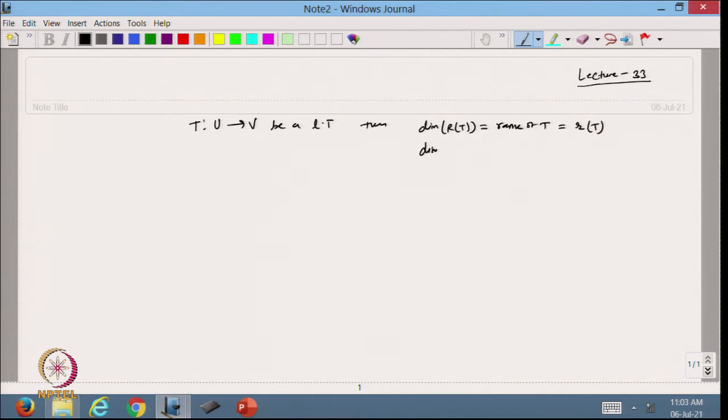And the dimension of the null space N(T) is called the nullity of T, that sometimes we represent by a small n(T). So this one we have discussed.